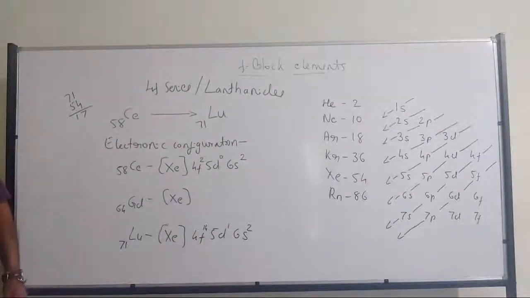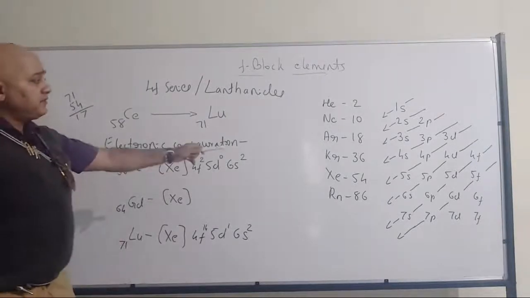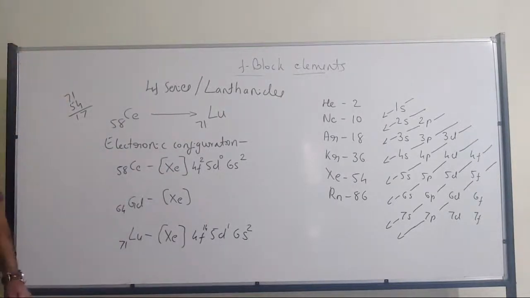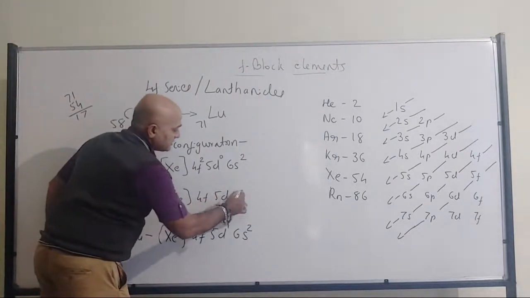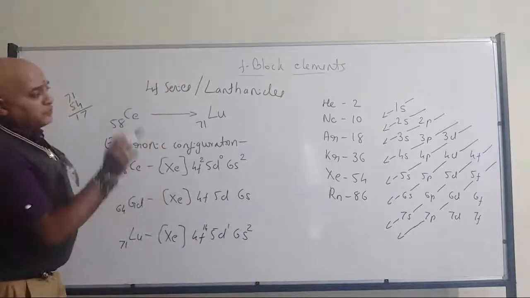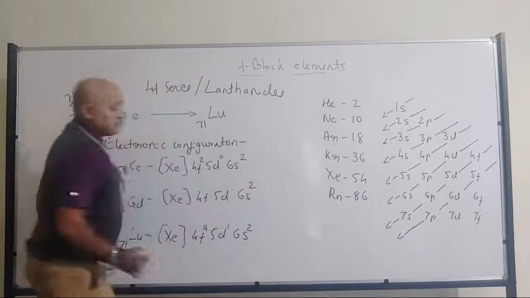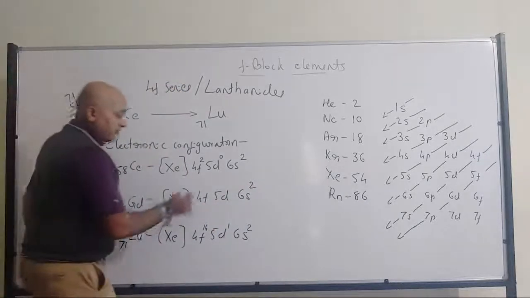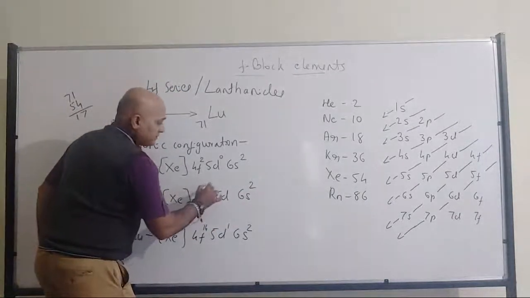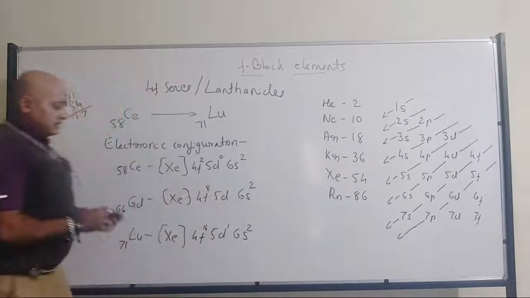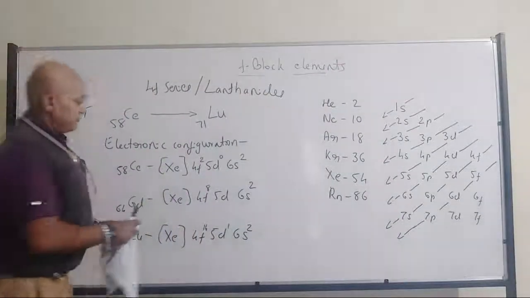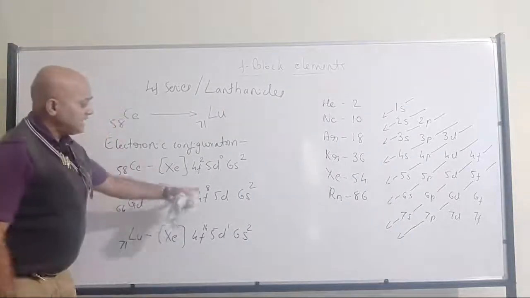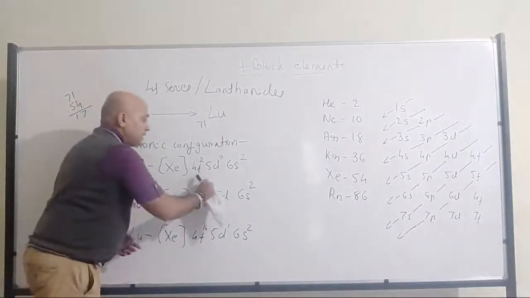That is for gadolinium, xenon 54. Here it is 64, so 10 electrons we have to fill. That means 4f, 5d, 6s. If I go with 6s2, then comes the 4f, which in reality should have been 8. But to attain stability, instead of 4f8 it will make it 7.